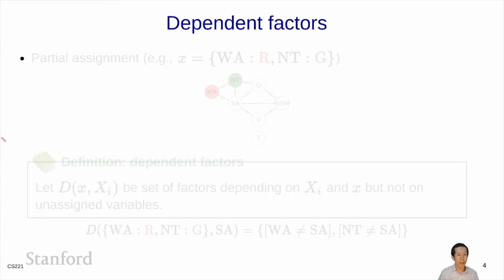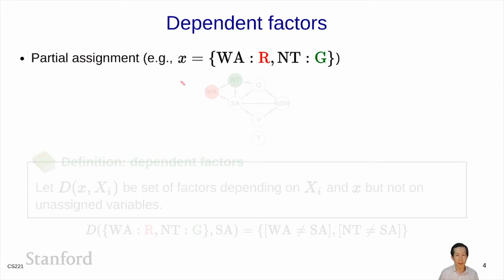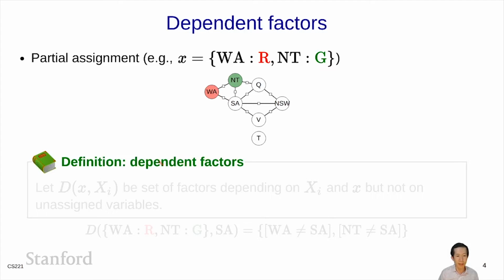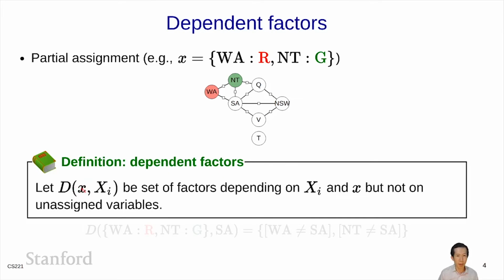More formally, suppose we have a partial assignment x. We're going to define the set of dependent factors as follows. D of a partial assignment x and a particular variable Xi is the set of factors depending on Xi and x, but not on the unassigned variables.